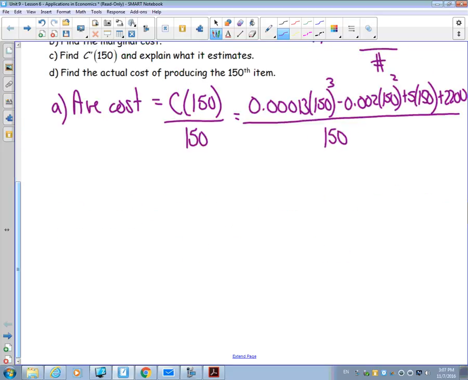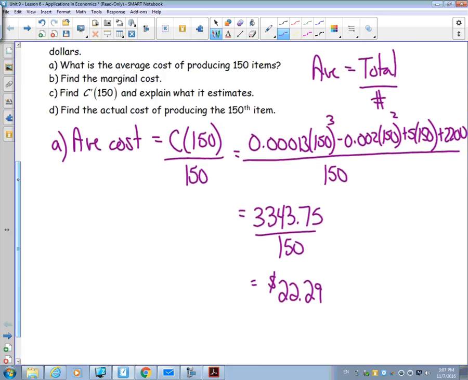I'm just using our calculators here. Hopefully on the top you get 3343.75. That's how much all 150 items cost to make. And there's 150 of them, so each one would cost you roughly $22.29.